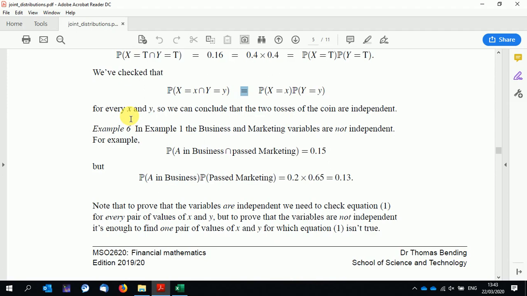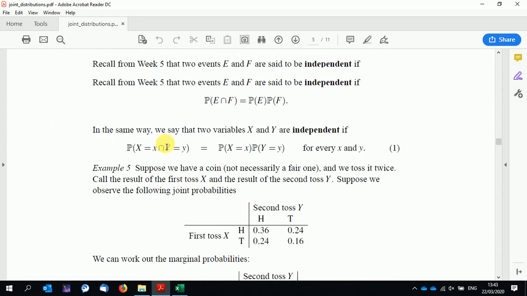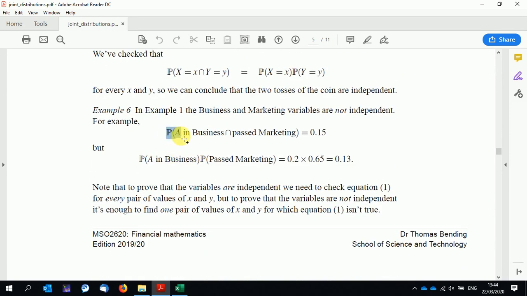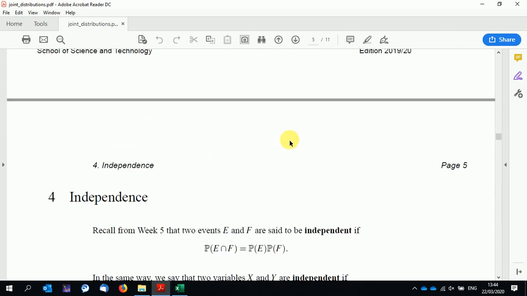So one question that you can get in the exams is to test the independence, whether two events are independent. So for example, can you test if getting an A in business and passing marketing would be independent? Then clearly the left equation is the probability of getting A in business and passing marketing. From that table we've seen this number before, you can double check. That would be 0.15.